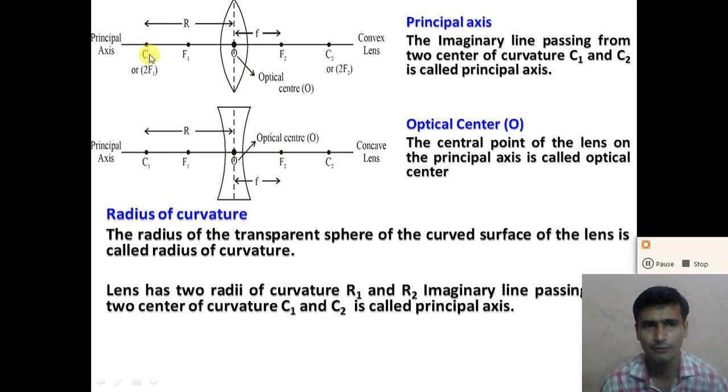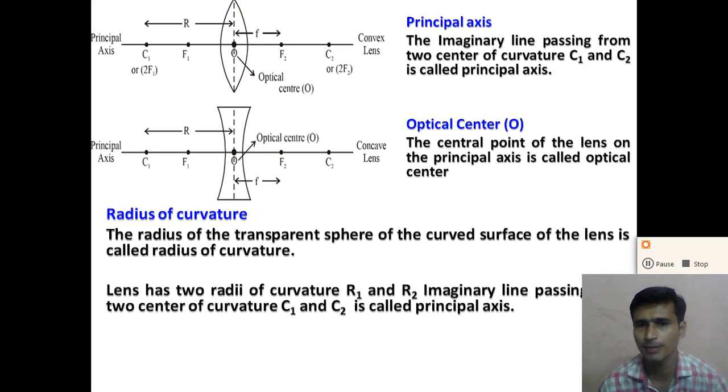So this distance, if we consider the center of curvature as C1 and the optical center as O, the distance between the optical center and the center of curvature is called the radius of curvature. Now what do you mean by the principal axis? The imaginary line passing through both centers of curvature C1 and C2 is called the principal axis.